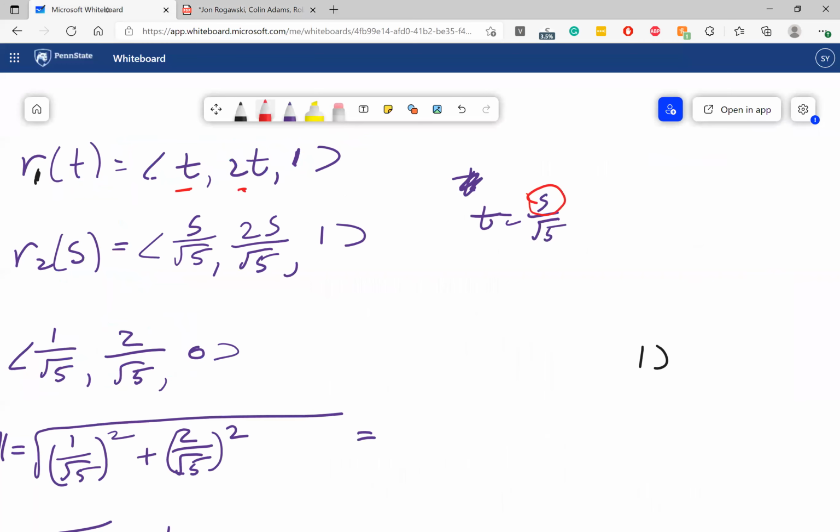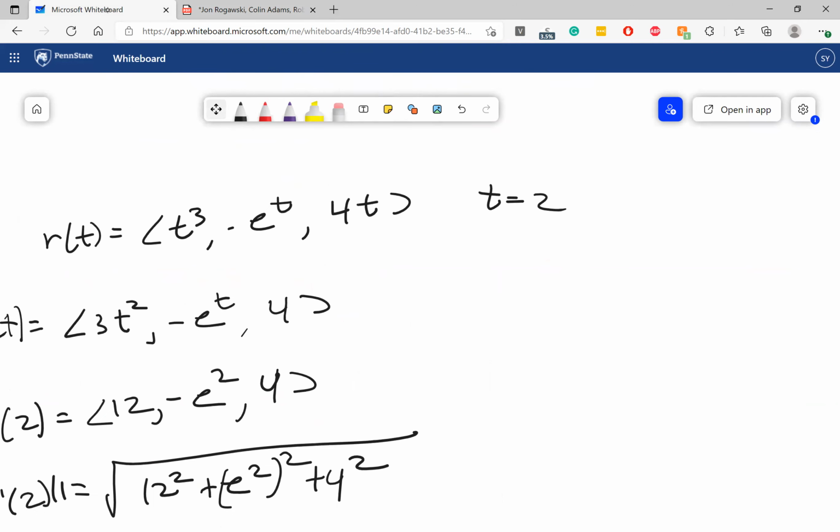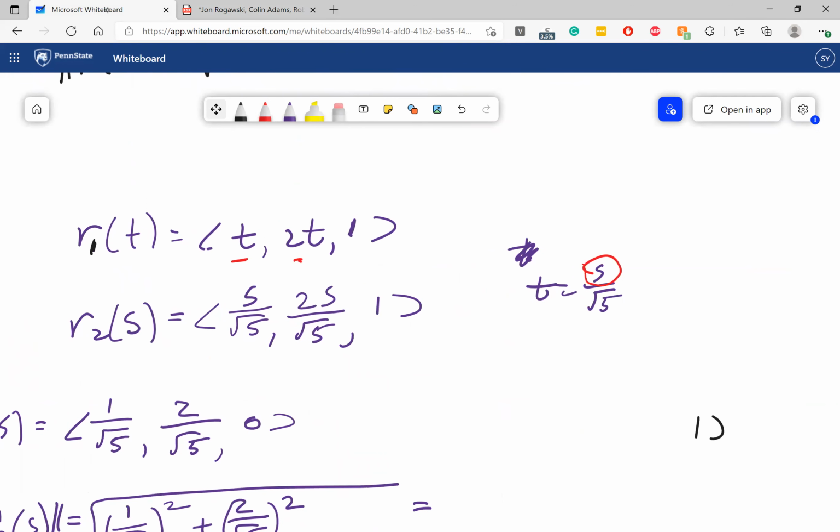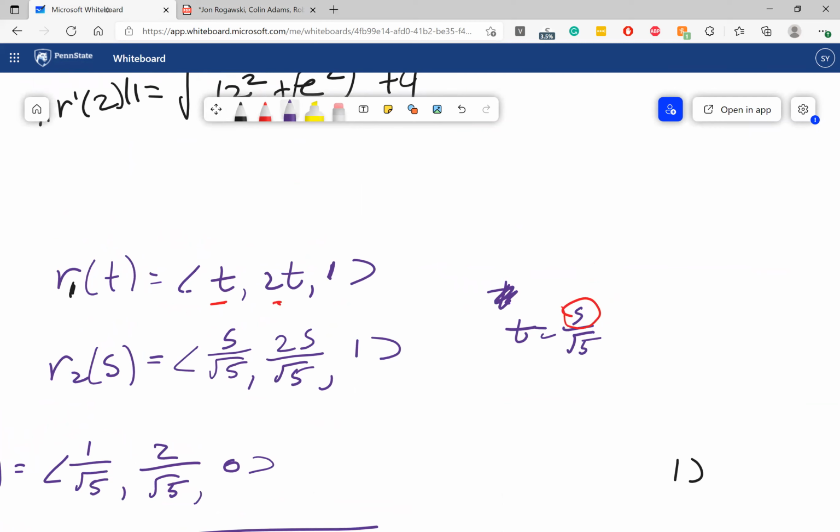So going back here, what would that be? So over here, your g of t is going to be equal to the square root of 5 times t, right?